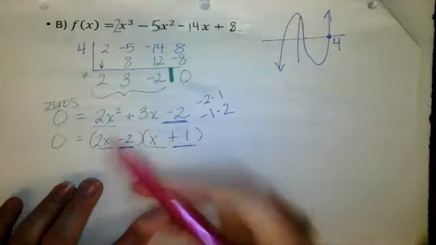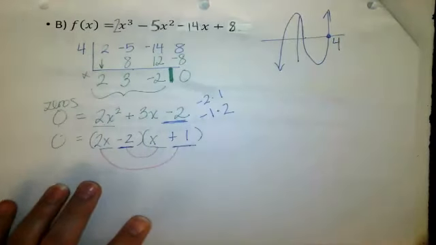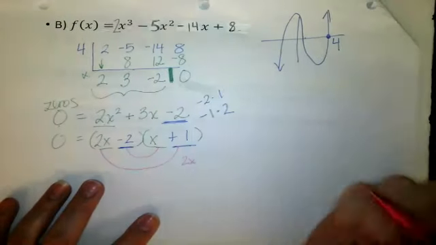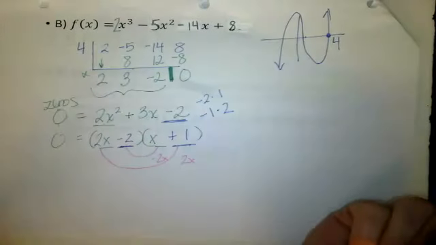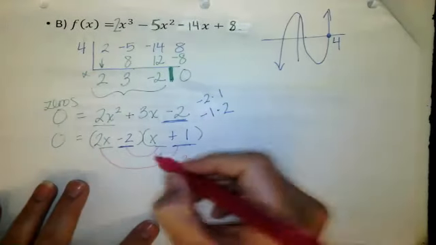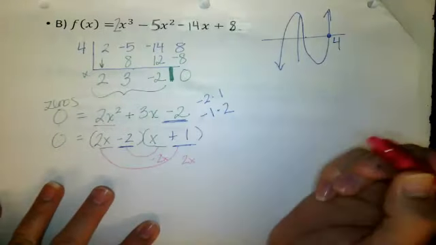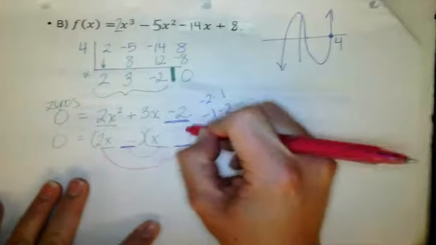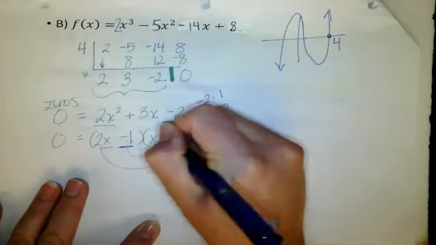How do I know if I did it right? Check the rainbow. If you haven't learned anything else in this class, I hope you learned to check the rainbow. 2x times 1 is 2x, and then -2 times x is -2x. Did I do it right? No, because that makes 0 and I'm looking for a 3. So let's try -1 and a +2.